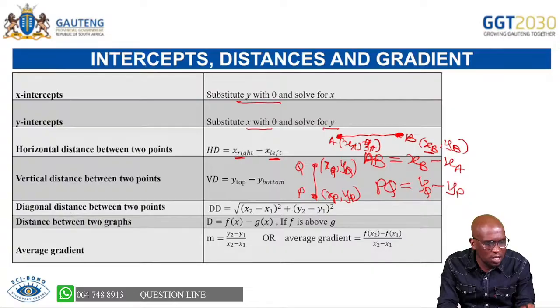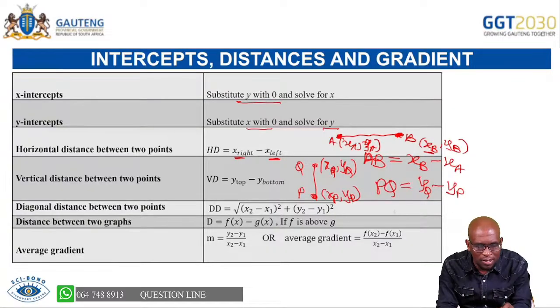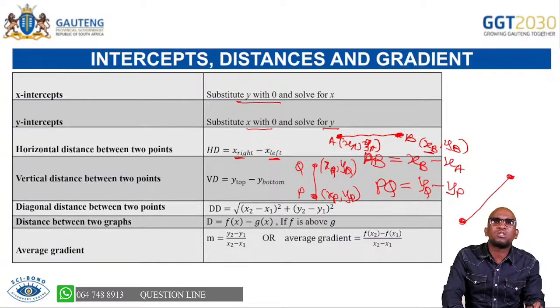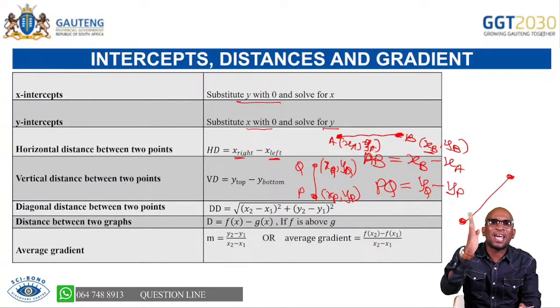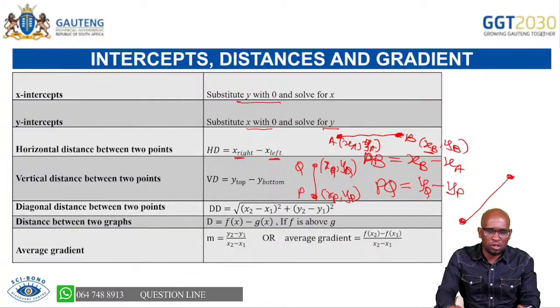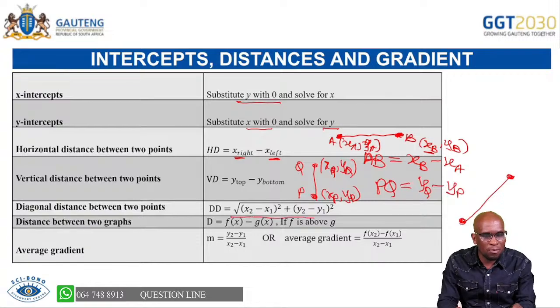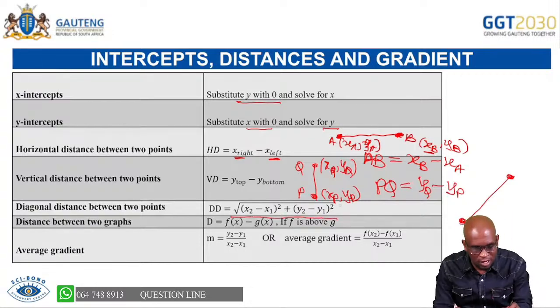And then from there, if you want a diagonal distance, that would be a line that is not parallel to the x-axis and not parallel to the y-axis. It forms an angle with the x-axis. So that line would be a diagonal line. If you want to determine its distance, then you can make use of the distance formula.